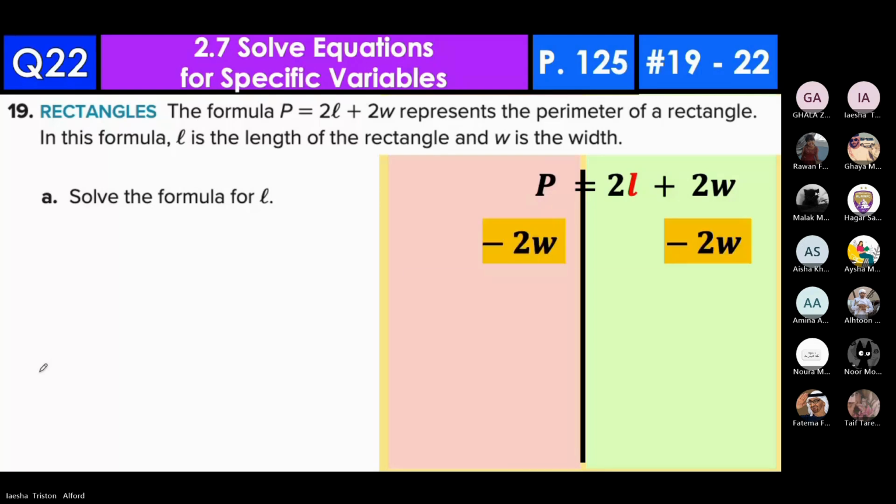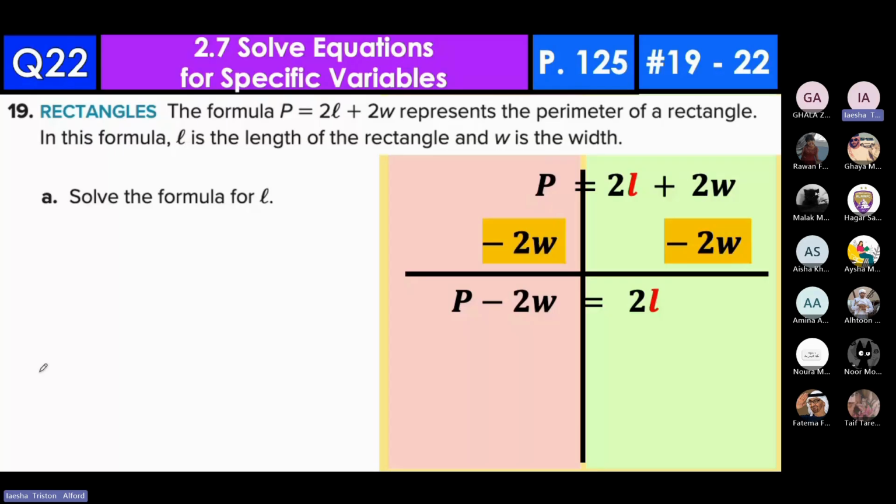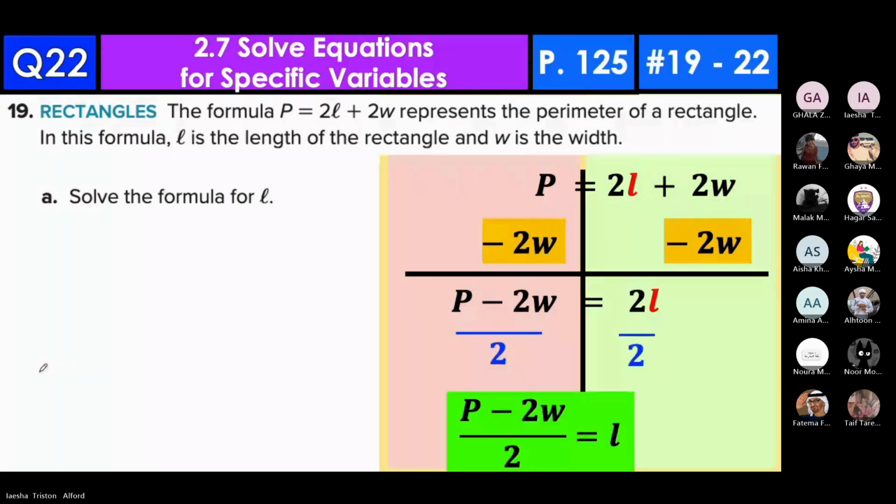Good. So we get this. We want L. Then we divide 2 both sides. Good. So we get this. If you can do this one, you will take 4 marks. Same like this, you will get 4 points. Okay?